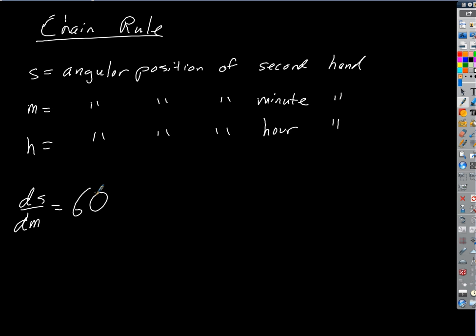The second hand just has 60 little ticks, but in order for the minute hand to go all the way around the clock once, that's 60 minutes. Okay, does that make sense?